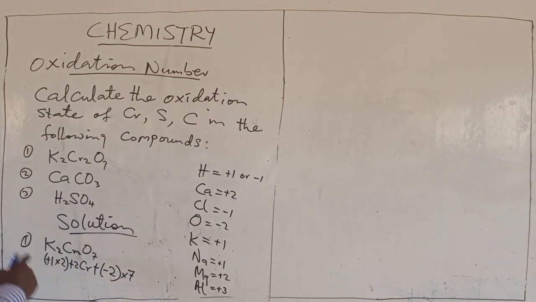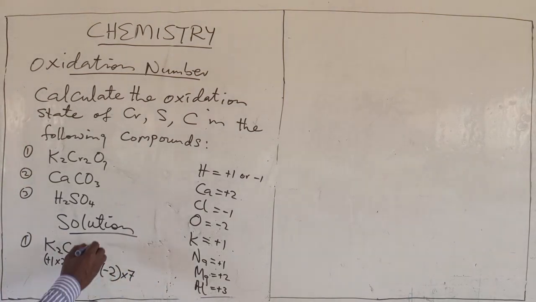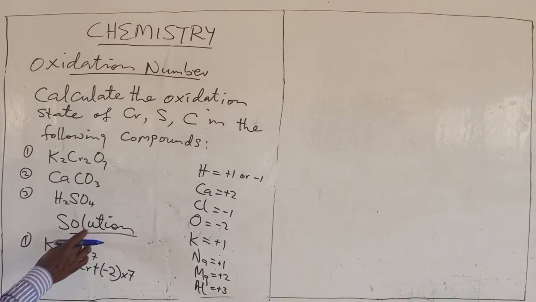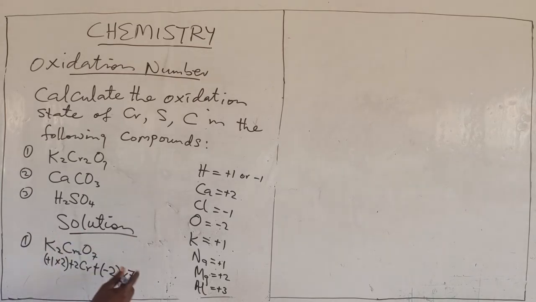This substance has no charge, no plus or minus. When you have plus or minus, you equate it to that value, that charge. But since it is 0, no charge, you equate it to 0. So now multiply this.